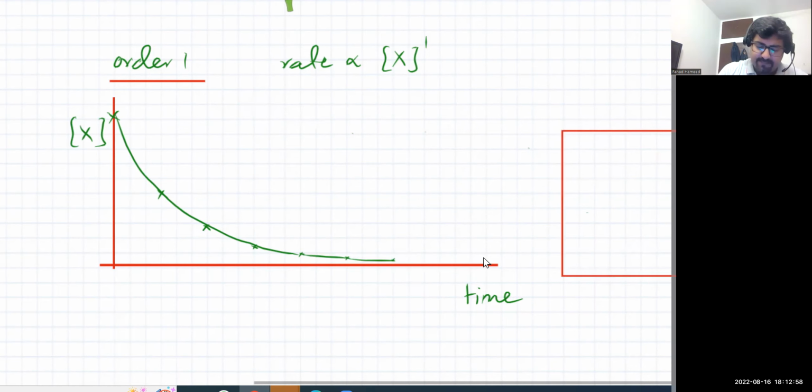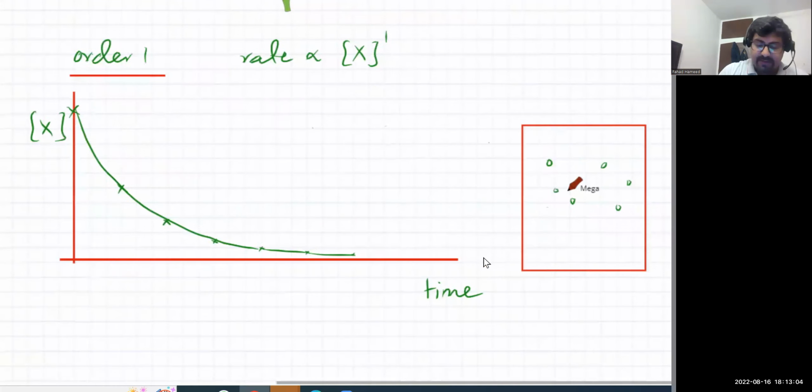If I just visually state that, it's going to look like this. Right in the beginning, there's a lot of reactants, so they're having a lot of collisions. It's a very fast reaction. There's a lot of X and all of them are colliding, and then slowly, with time, the concentration of X decreases. It gets used up, and now you're going to have fewer collisions. After some time, some more of X will react, and now you're going to have even fewer collisions.